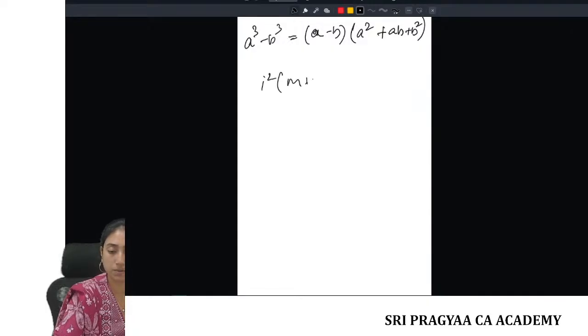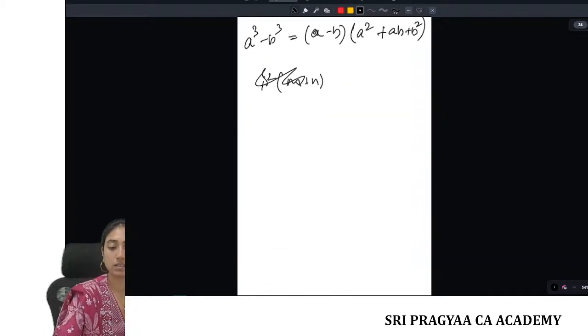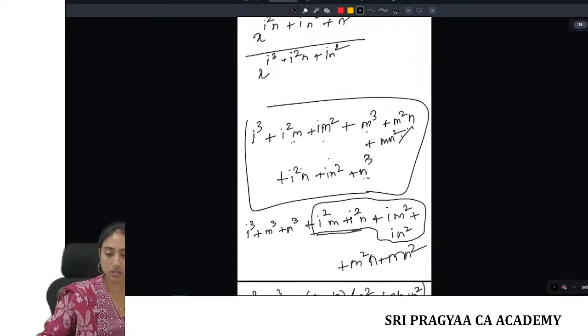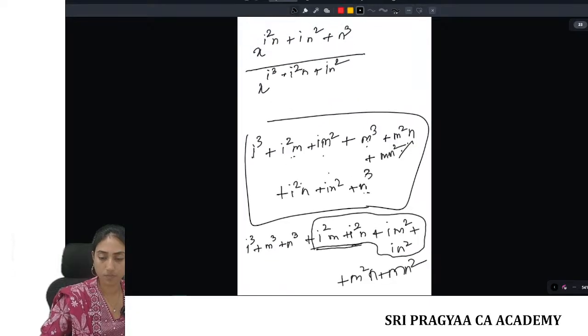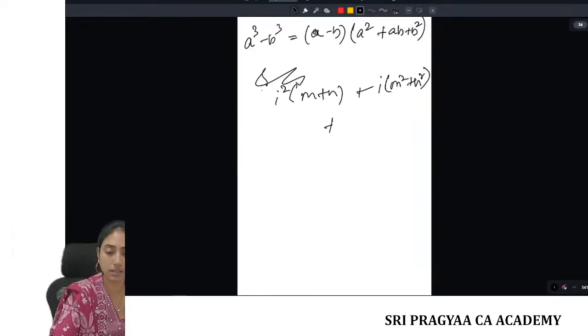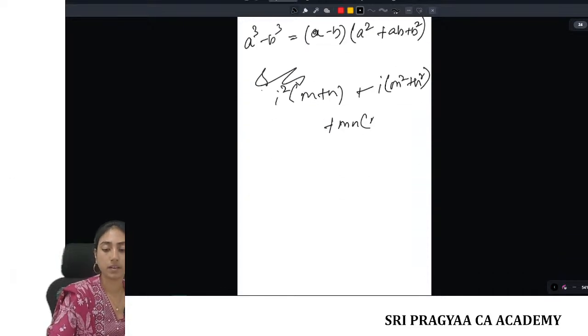I squared எடுத்தா m plus n, கரெக்டா? And then I squared மட்டும் வெளில எடுக்கிறேன். ஃபர்ஸ்ட் 2 இதுலேருந்து I squared வெளில எடுத்தா m plus n வருமா? ப்ளஸ் m squared plus n squared வருமா? And then I can pull out, I'll be left with m plus n, கரெக்டா?